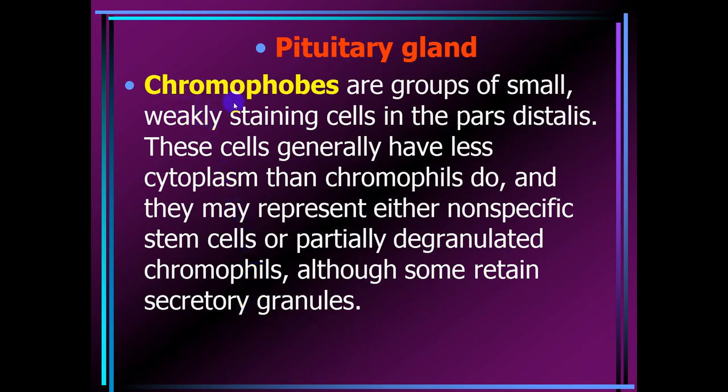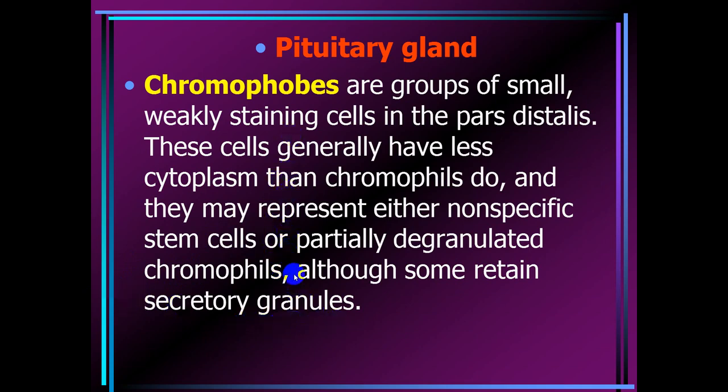Chromophobes. It is a group of small, weakly staining cells in the pars distalis. Generally, these cells have less cytoplasm and today we think that they may represent either non-specific stem cells or partially degranulated chromophils, although some retain secretory granules.